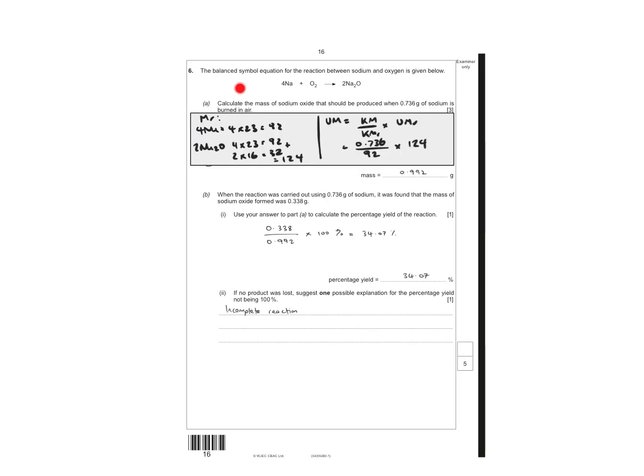The balanced symbol equation for the reaction between sodium and oxygen is given below. 4Na plus O2 gives 2Na2O. Calculate the mass of sodium oxide that should be produced when 0.736 grams of sodium is burned in air.